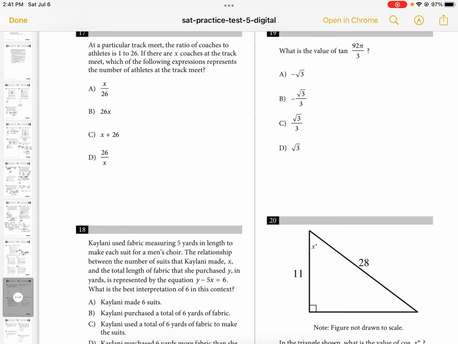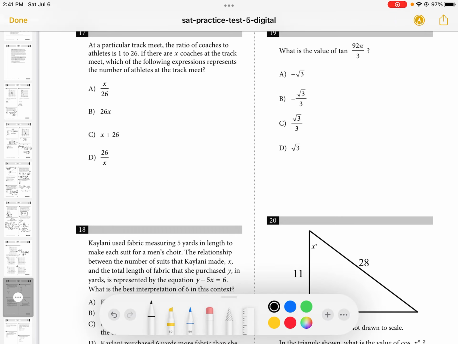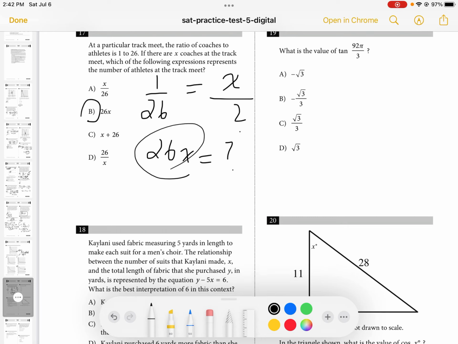Okay, so our ratio of coaches to athletes is 1 to 26. Right, and we know that there's x coaches, but we don't know how many athletes there are. So when we cross multiply, we get 26x is equal to the quantity we want. And that's B.